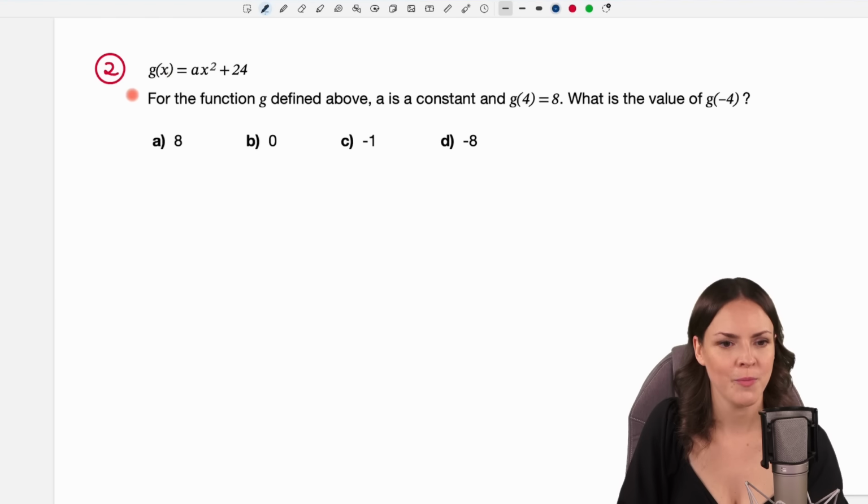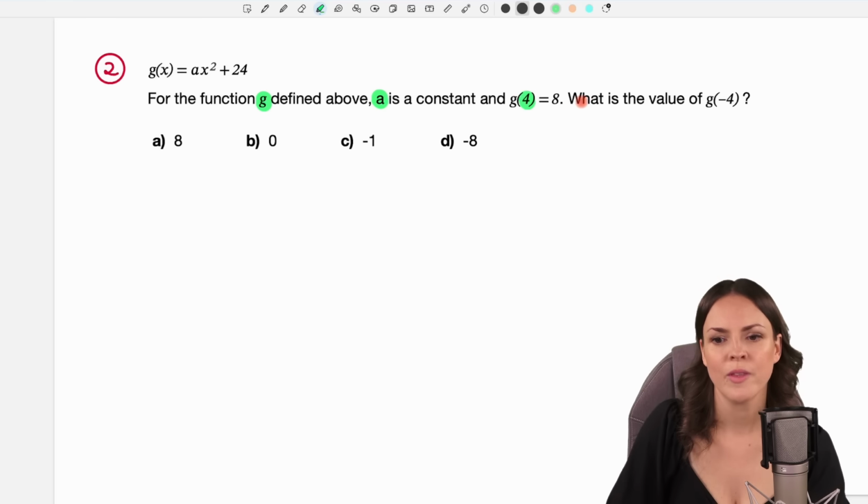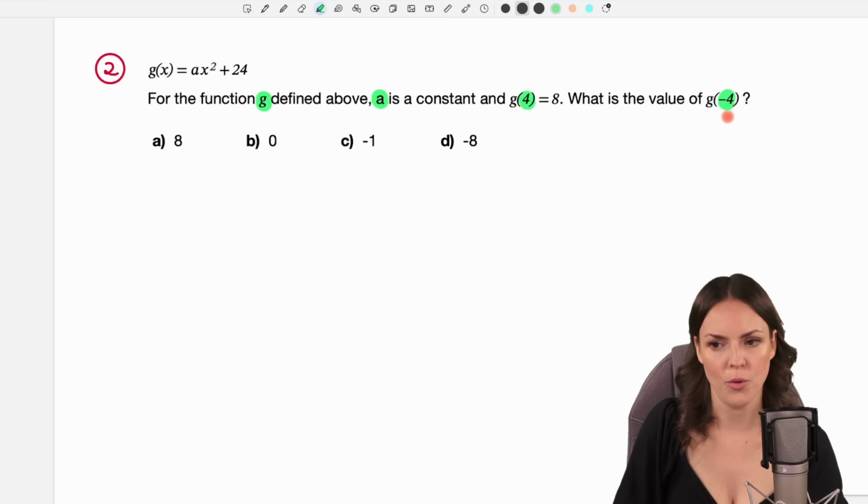Problem number 2. We get this function g of x that is equal to a times x squared plus 24. For the function g, defined above, a is a constant and g of 4 equals 8. What is the value of g of negative 4?